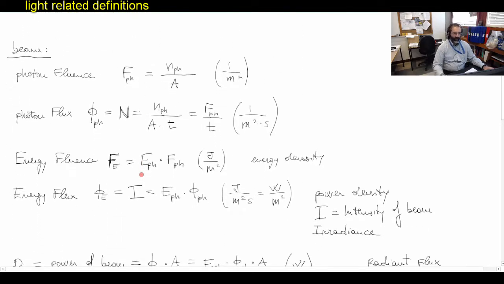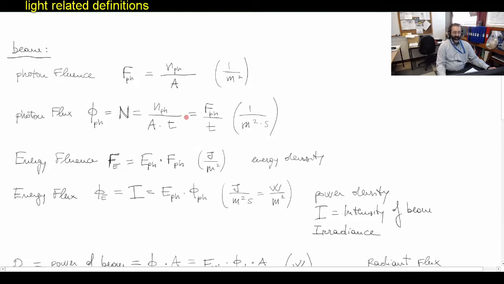Let's go to the definitions regarding the beam now. We define photon fluence, which we can indicate with F_ph, the number of photons per unit area, so n over A, measured in 1 over meter squared. The photon flux is the quantity that we said is equal to the N we introduced yesterday, the number of photons falling over a certain area A in a certain time t.